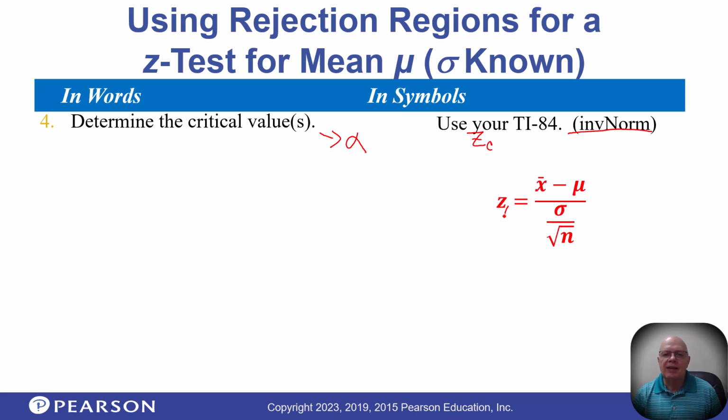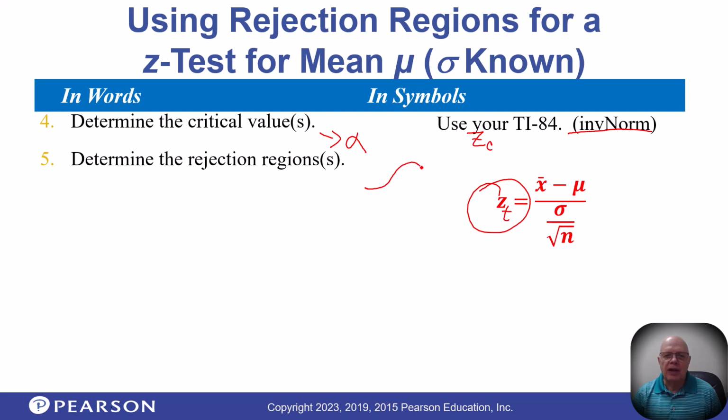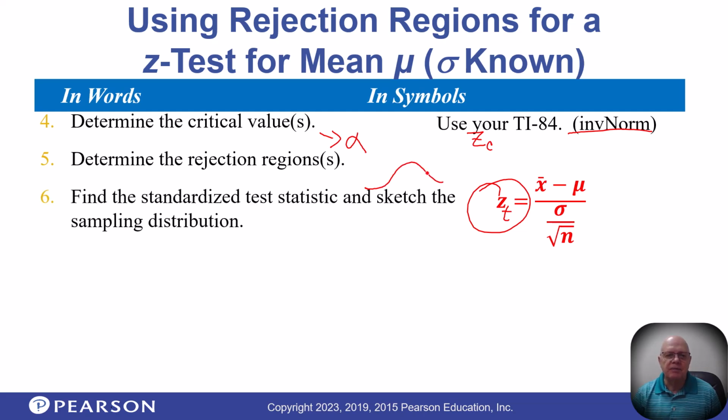This will be the test statistic you'll use to see whether this falls in the rejection region or not. So you write down what the rejection regions are. Better yet, have a picture too. Sketch it. Find out where this standardized test statistic lies. Does this lie within a rejection region or not?